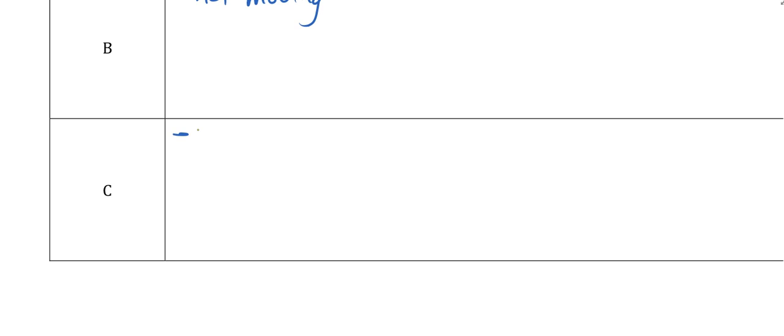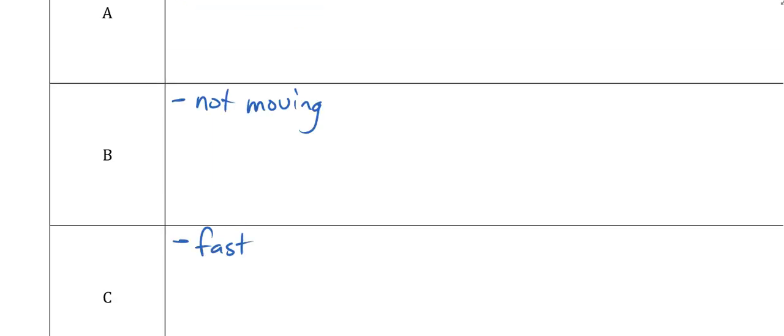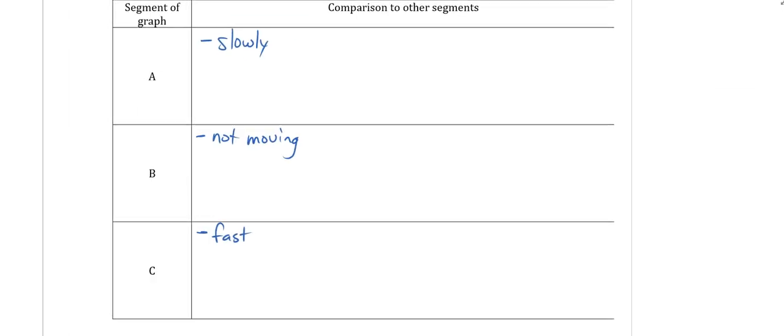Okay, and we don't know specifically what happened, but that's an example. Why did you say drove? Because it would be steeper, so it's faster. So this is moving fast. So in one case we were moving slowly, then we were not moving, and we were moving quickly. What else could you say about them?